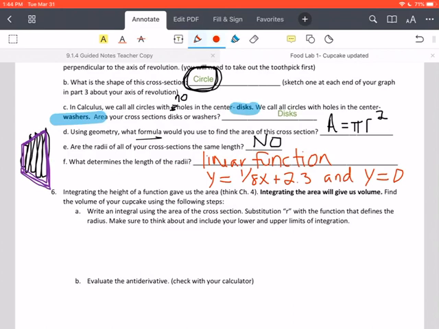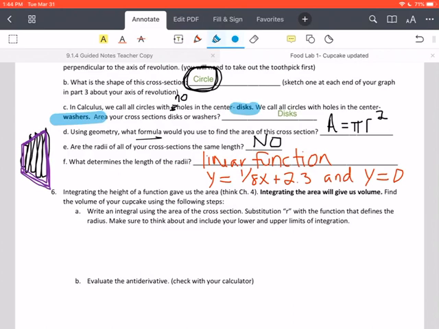Okay, so now here is where the big calculus idea is going to come into play. We want to think about integrating the height of a function. Integrating the height of a function gave us area.